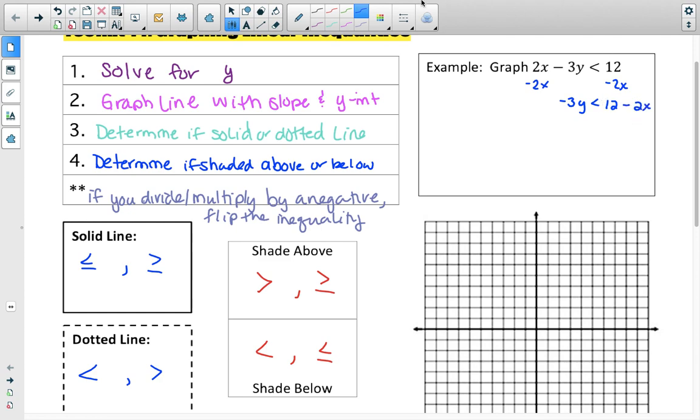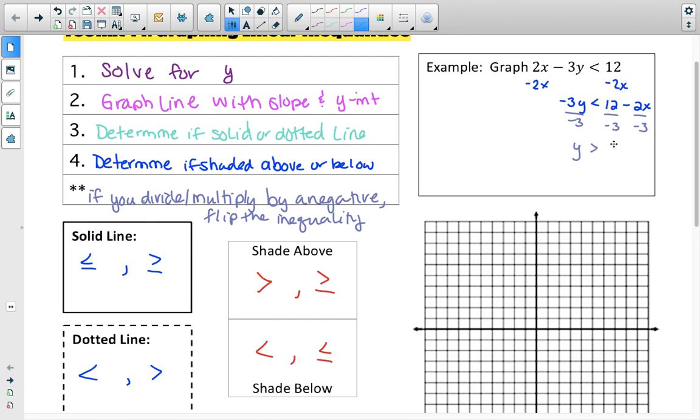The next step would be to divide by that negative 3 on everything. Negative 3y divided by negative 3 is y. Because we just divided by that negative 3, we are going to have to flip the inequality. So instead of it saying less than, it'll turn to be greater than.